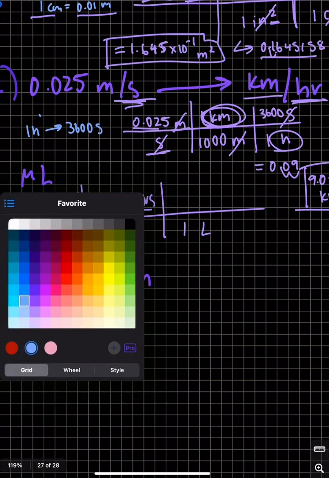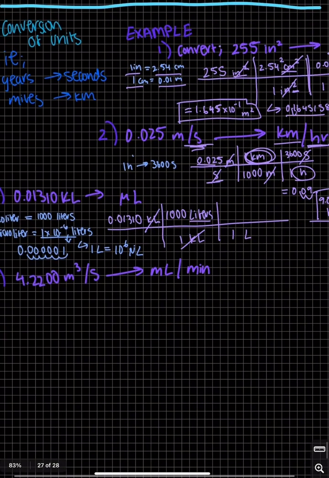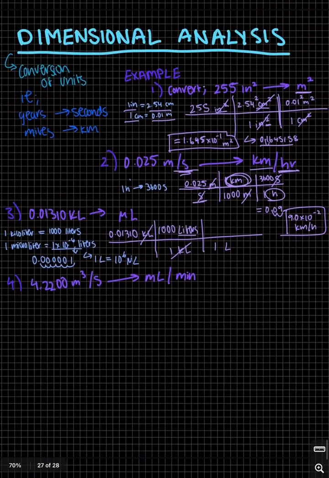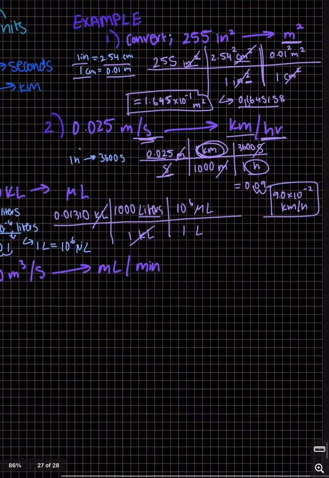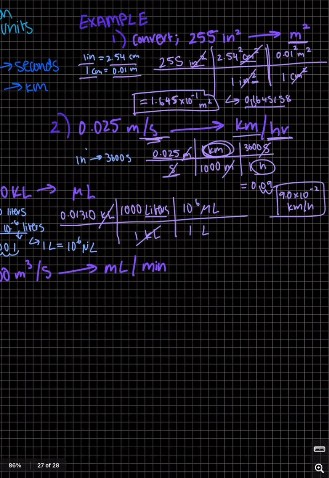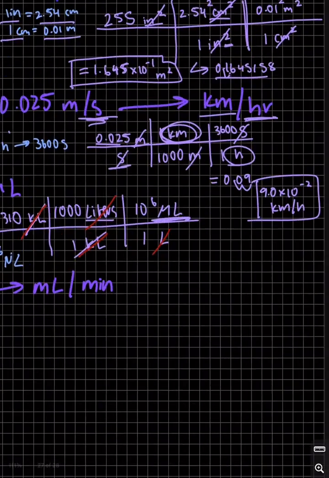Up here at the top, I'm not going to write out that big number, but you could if you wanted to. I'm just going to write 10 to the power of 6 microliters up there. That is my conversion. Now all I have to do is plug in, and as you can clearly see, this liter cancels out this liter, and this kiloliter cancels out this kiloliter. Now I'm left with my numbers and the final answer, which is in microliters.